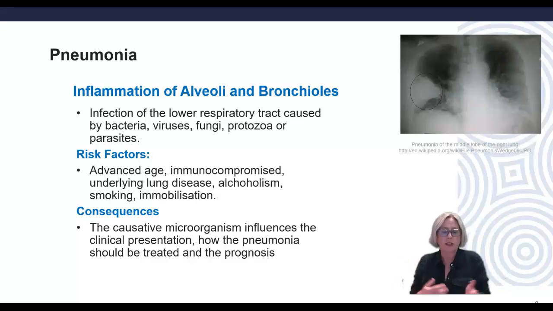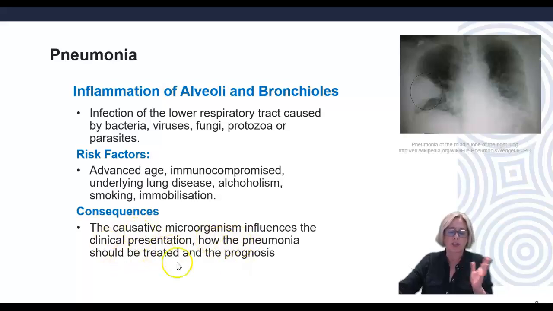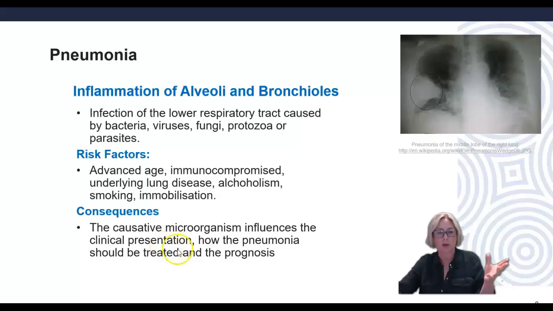And that's why bacterial pneumonia is often more serious than viral pneumonia. It will also depend on how the pneumonia should be treated. So, for example, bacterial pneumonia is treated with antibiotics, which are no good for viral pneumonia, although there are some antivirals on the shelves now, or via prescription, such as Tamiflu.